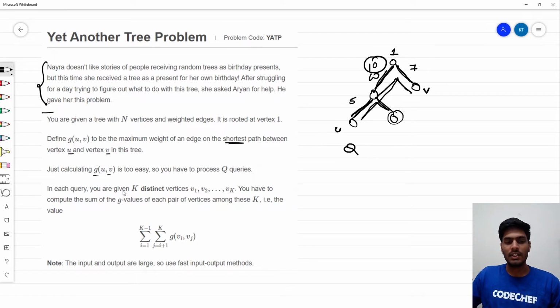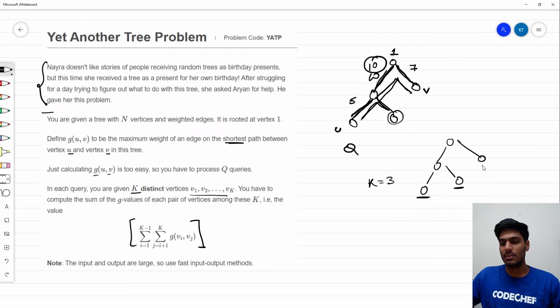In each query, we are given k distinct vertices. You have to compute the sum of g values of each pair of vertices among these k. That is this value. So what is this value basically? In this earlier tree, if let's say we have three vertices given and k is equal to 3, the distinct vertices are this one, this one, and this one.